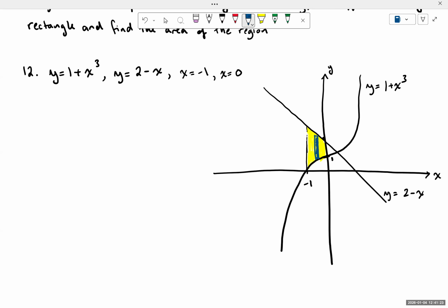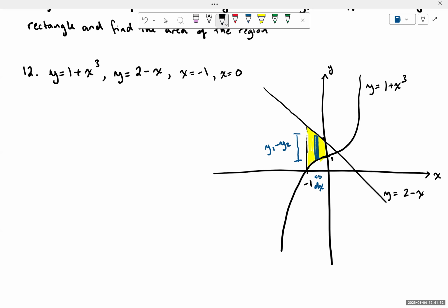How do I know I want to do x versus y? This is going to be my dx, that's my thin rectangle, and the width of the rectangle in this case is dx. The height of this rectangle is y1 minus y2, meaning the top curve minus the bottom curve.